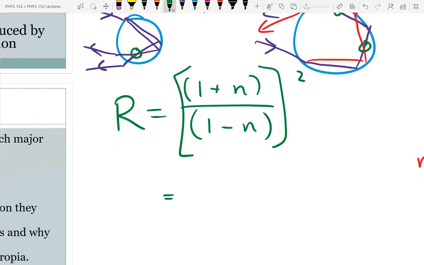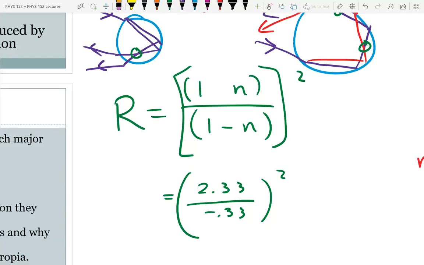So for water, that's about 2.33 over, well, minus 0.33, but who cares when you're squaring? Actually, no, I did that backward. So it'd be 0.33 over 2.33, squared.